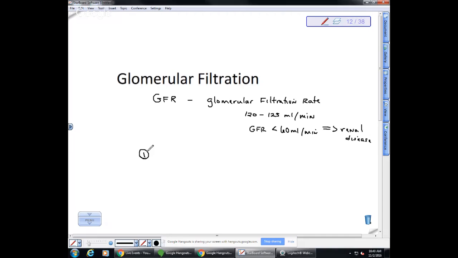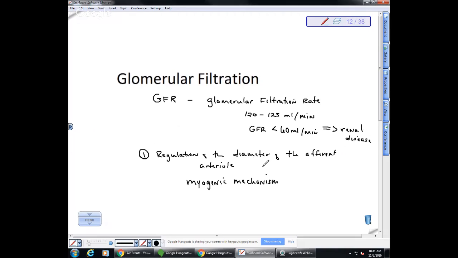One thing that affects GFR is the diameter of the afferent arteriole. We can regulate the diameter of the afferent arteriole, and this is actually called a myogenic mechanism. What does myo mean? Muscle.